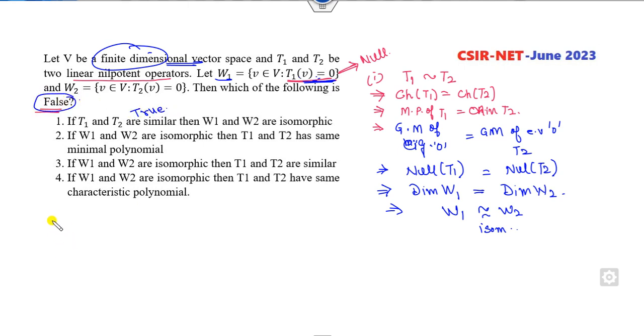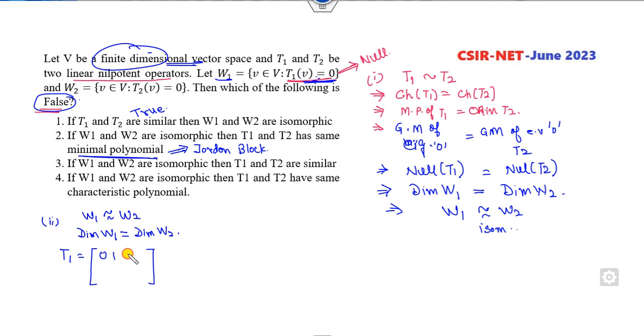Look at the second part. If W1 and W2 are isomorphic, what is the meaning of that? Dimension of W1 is the same as dimension of W2. Fine. Then do they have the same minimal polynomial? You can think about the minimal polynomial either by the characteristic polynomial or by the number of Jordan blocks. Now consider two examples.